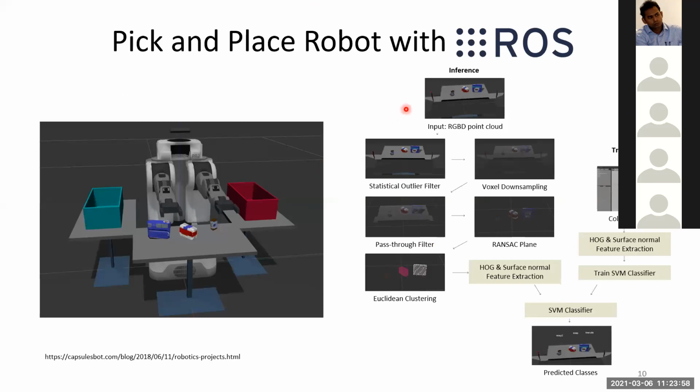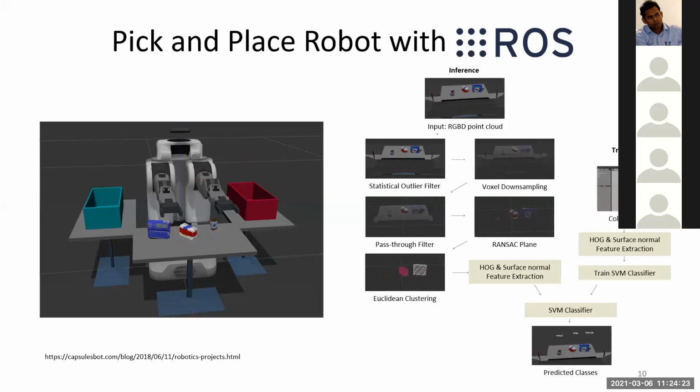This is a pick and place robot. This robot has to identify the objects in front of it and put them into the correct container. For that, it uses an RGBD sensor. The algorithm consists of two phases. In the training phase, it collects information about the objects.